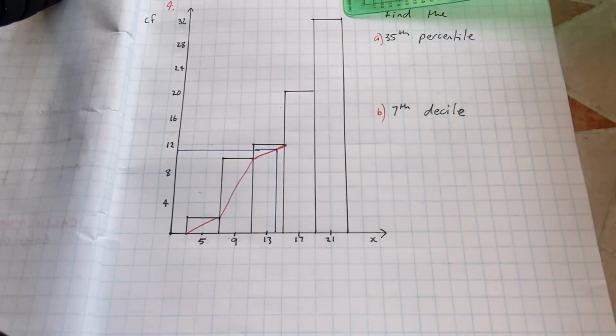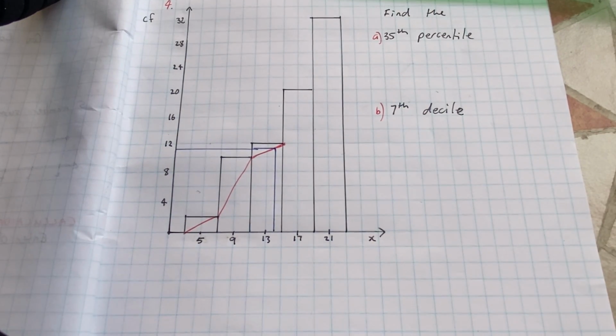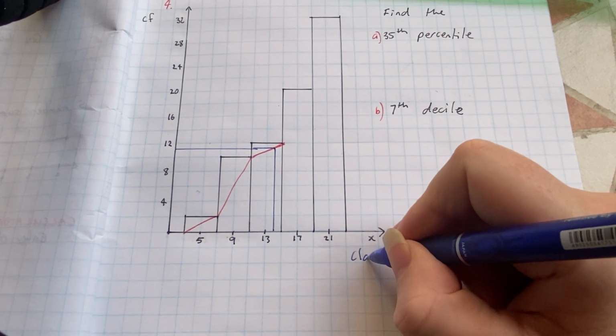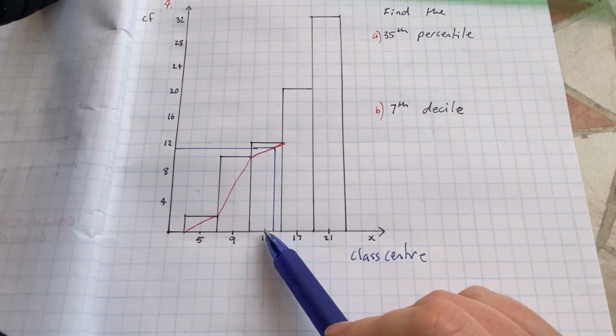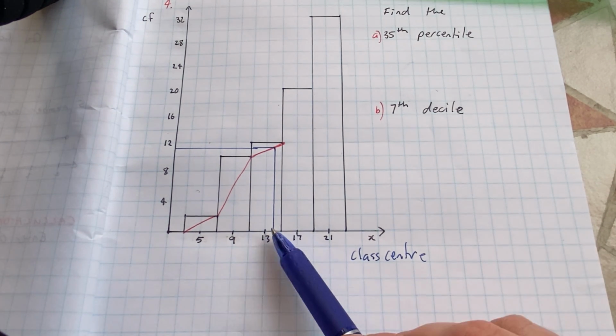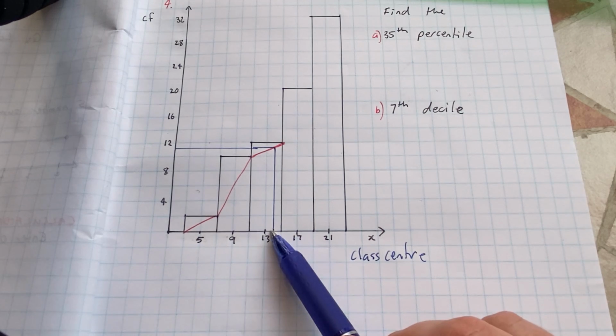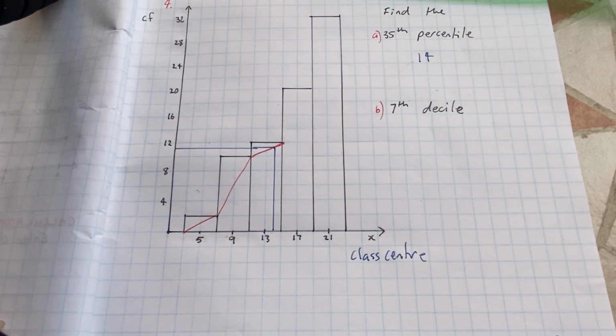Now we can see here this is grouped data 5, 9, 13, 17, 21. So that's class center really there. So each square on my page is a count of 2 because that's 4 all the way. Halfway between, so that would be 14. So the 35th percentile is about 14.